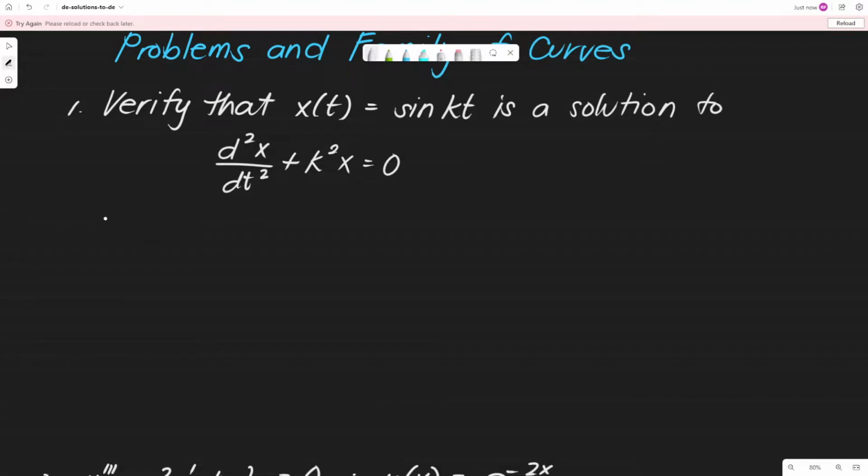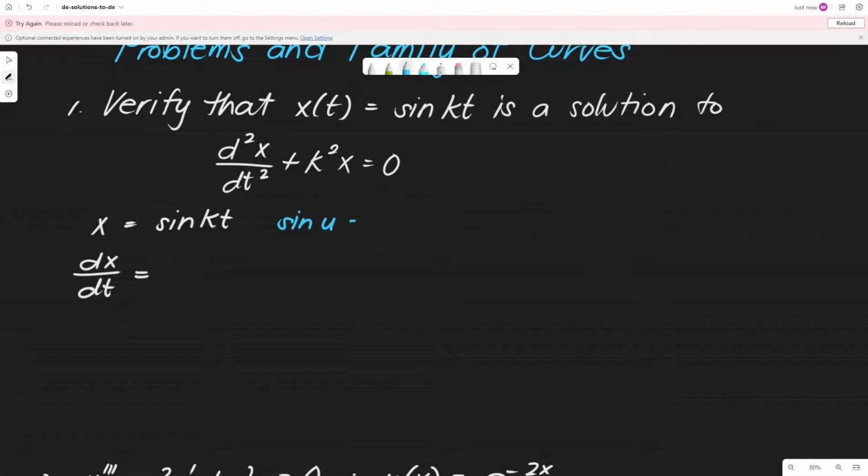So we have here x is equal to sine kt. This is our base function. Since we will take the derivative twice, we have dx over dt since we are differentiating in terms of t. The derivative of sine u is equal to cosine u du.